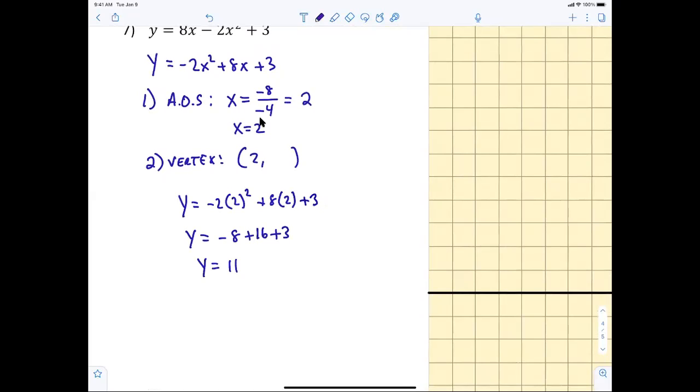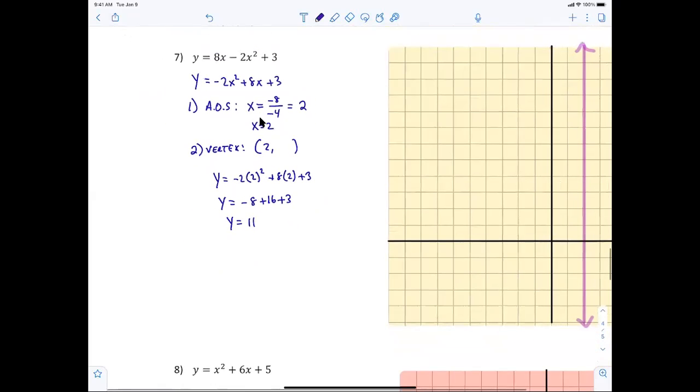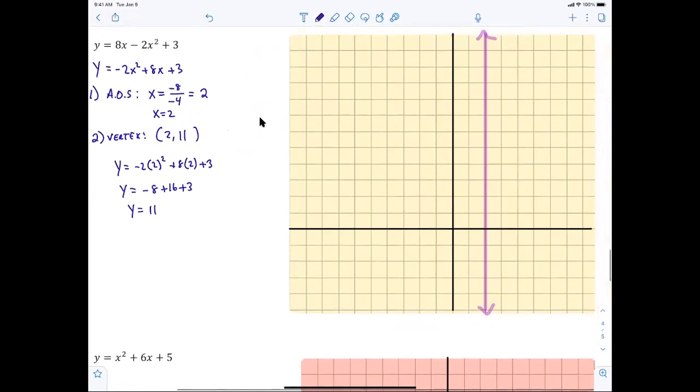I got 11. Does everybody agree? 11? All right. So now here we go. I'm graphing 2, 11. 1, 2, 3, 4, 5, 6, 7, 8, 9, 10. What do you know? I fit it in this time properly.